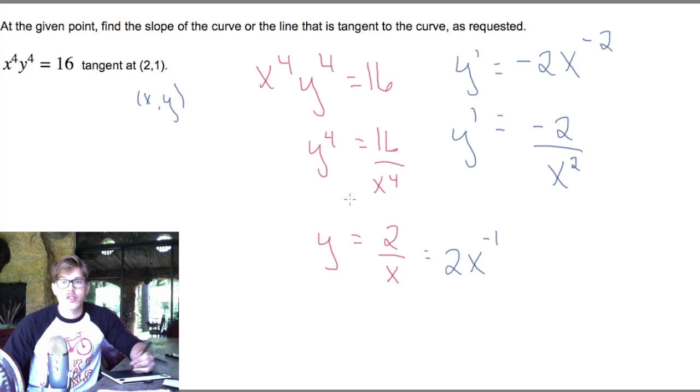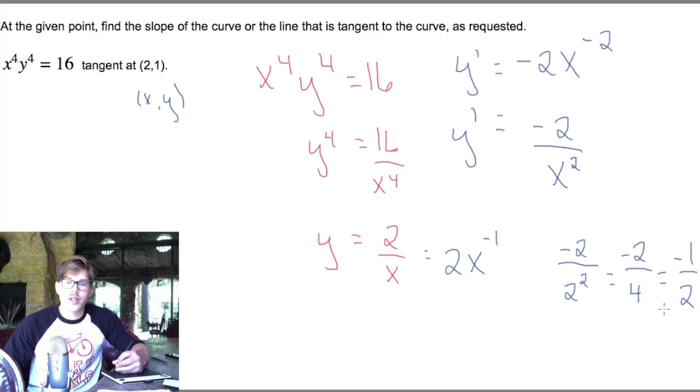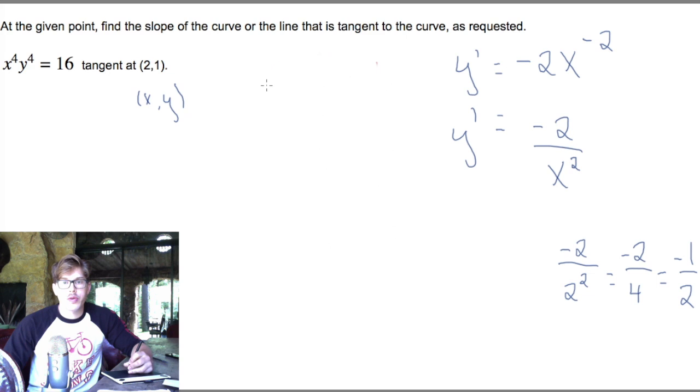So let's plug in 2 to our equation, and we will get negative 2 over 2 squared, which equals negative 2 over 4, which equals negative 1/2. Therefore, our slope is negative 1/2. Okay, so we know our slope is negative 1/2. What else? So how can we figure out the equation for the line?